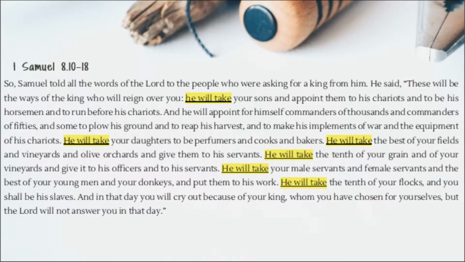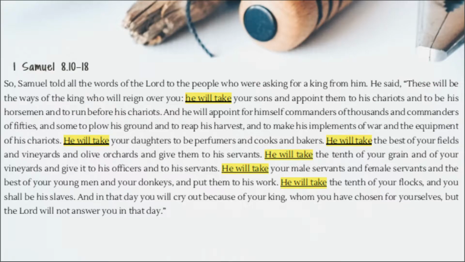And it's a list, really. It's also a list of what he will take. But you can see he will take, he will take, he will take, he will take, he will take, he will take, right? He's going to take your sons, your daughters, your chariots, which is your military, your fields, your well-being. He's going to take it all.